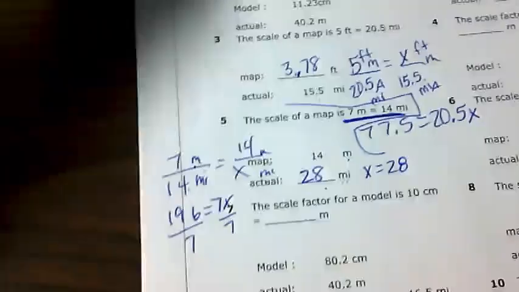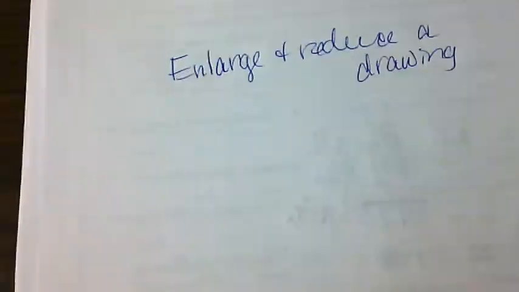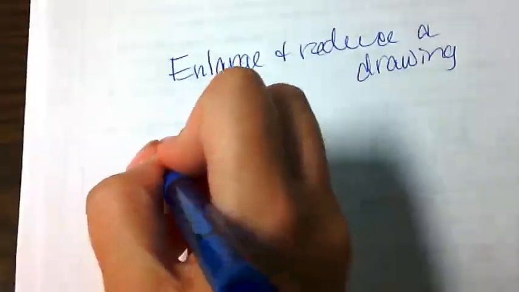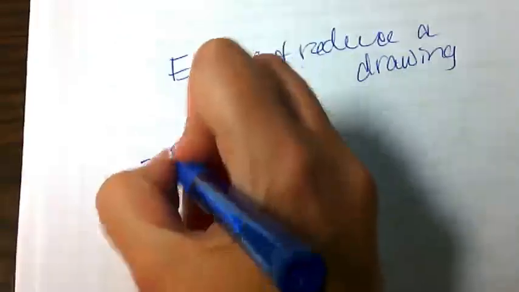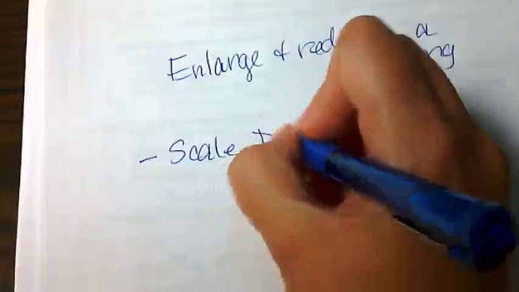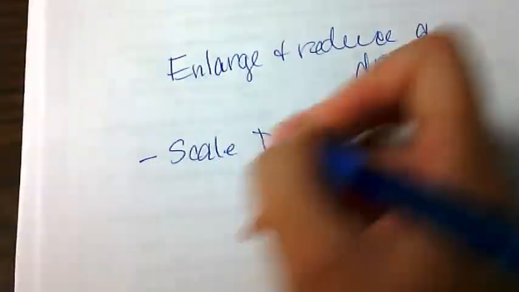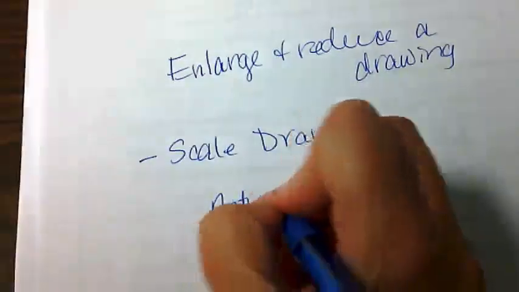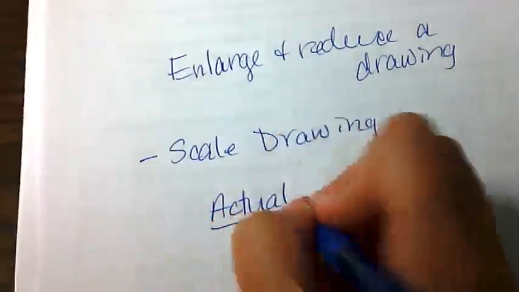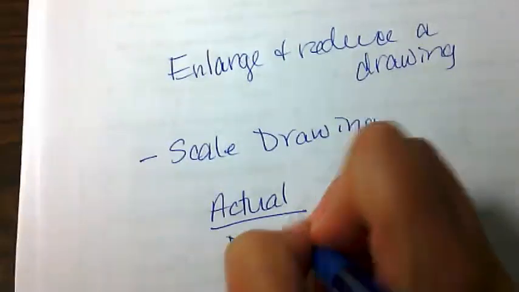What you are going to be asked to do is enlarge and reduce a drawing. Okay, you guys do this a lot in art class. We do this a lot in STEM. So we need to create a scale drawing. We are going to take our actual and make it into our drawing.